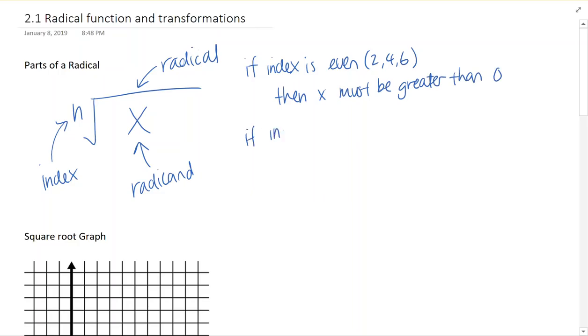And if the index is odd, so odd numbers being 1, 3, 5, etc., then x, the radicand, can be all values. So if the index is odd, positive or negative does not matter.